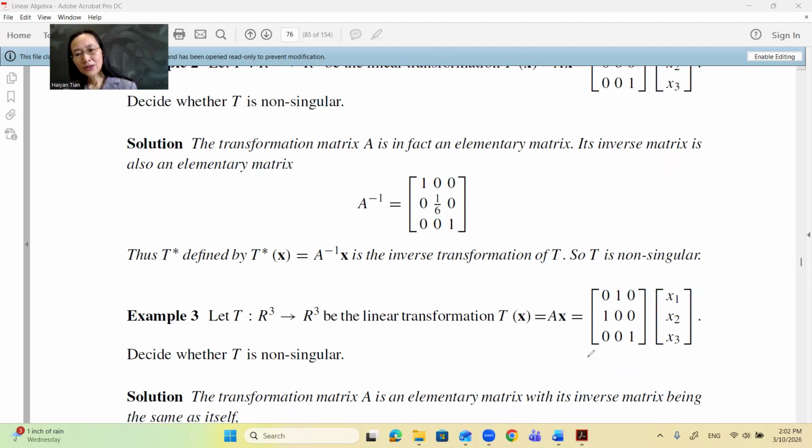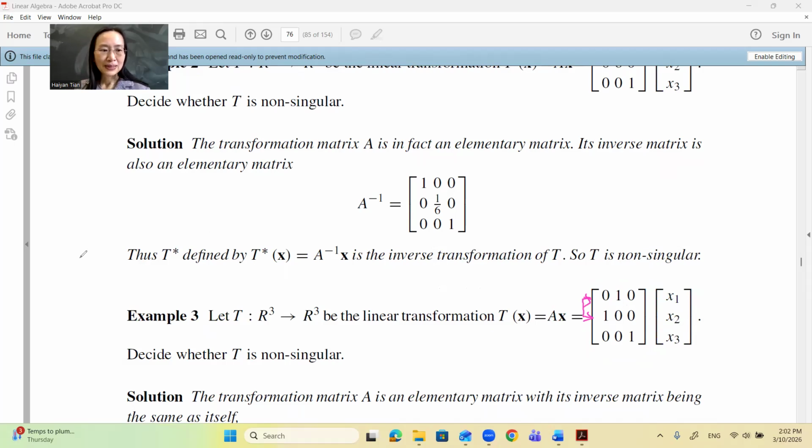So you notice how different this matrix is from the identity of 3 by 3. Identity matrix, you see only the swapping of the first two rows. If you swap them, you will get an identity matrix, right?